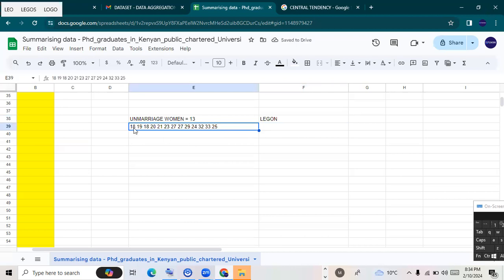Their ages range from 18 to 33. First, we are going to find our mean.